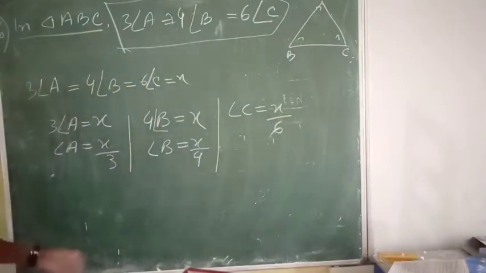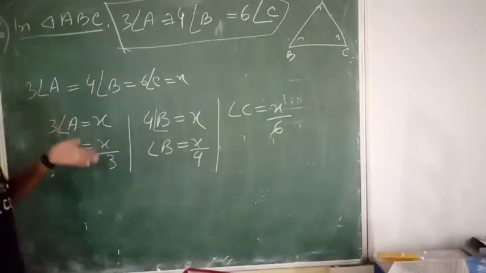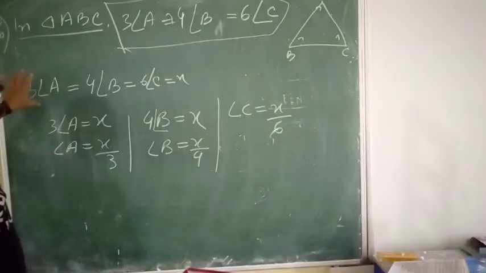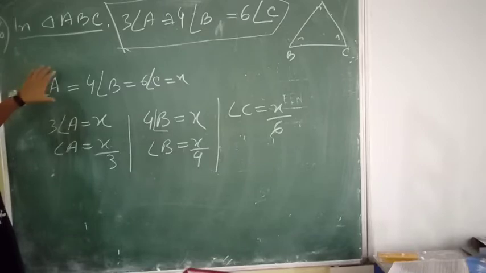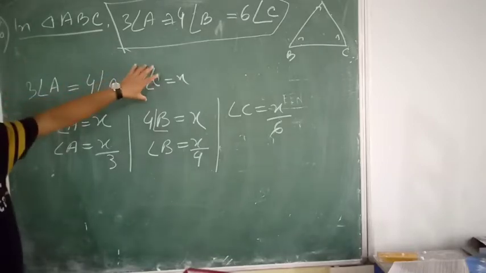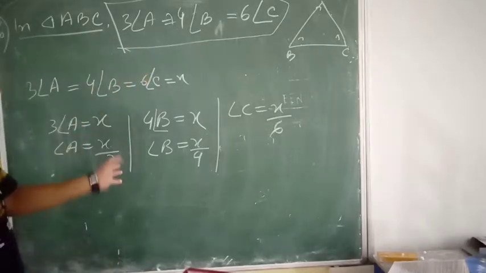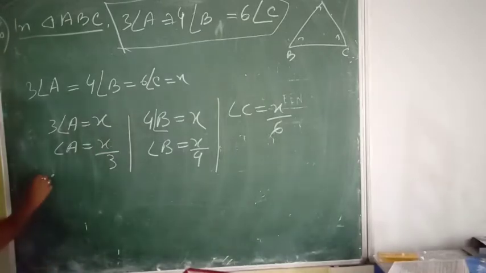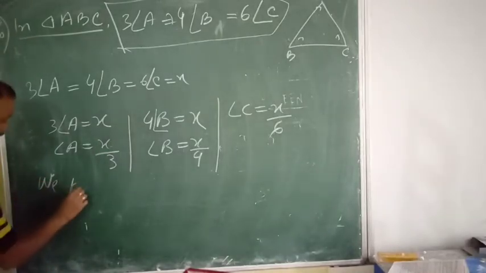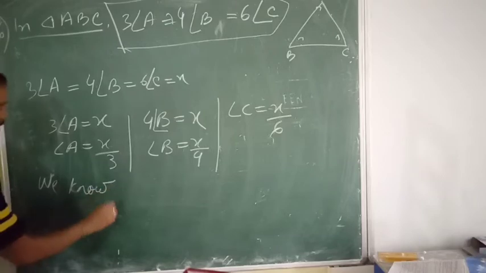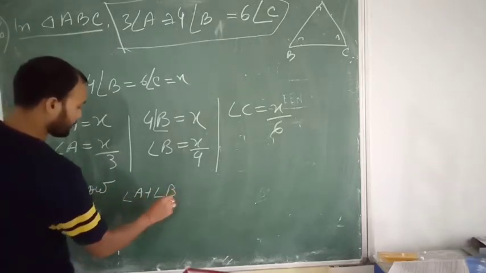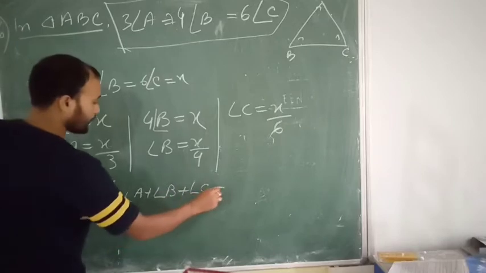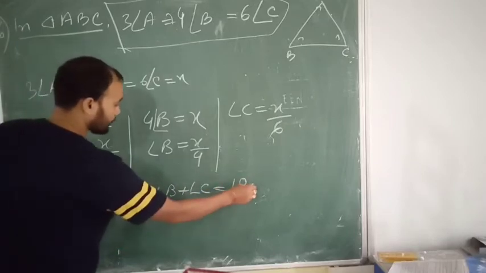Now apply the property of a triangle: the sum of the angles of a triangle is equal to 180 degrees. By the angle sum property, angle A plus angle B plus angle C equals 180 degrees.